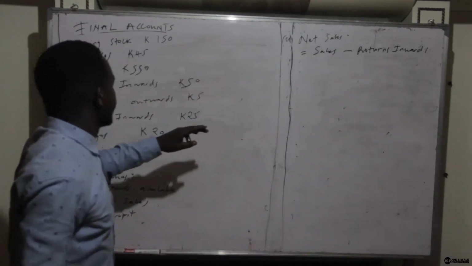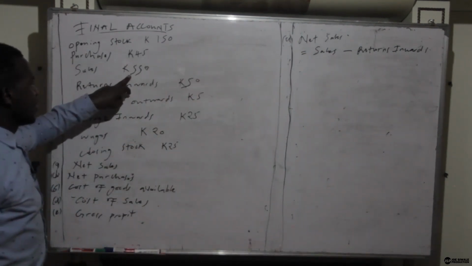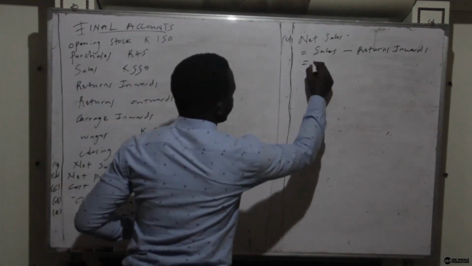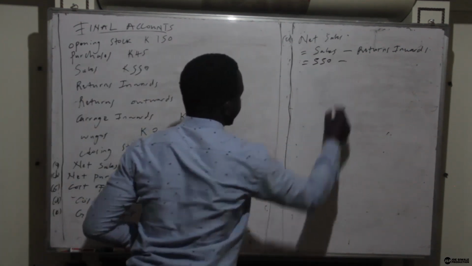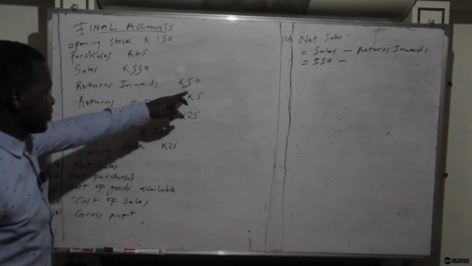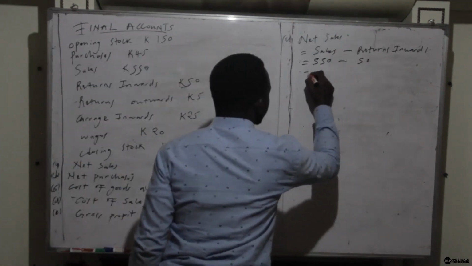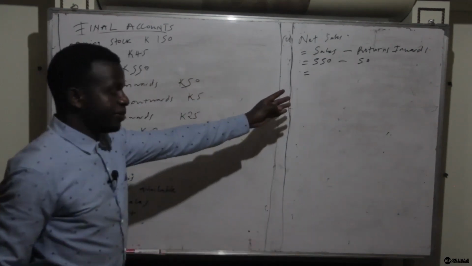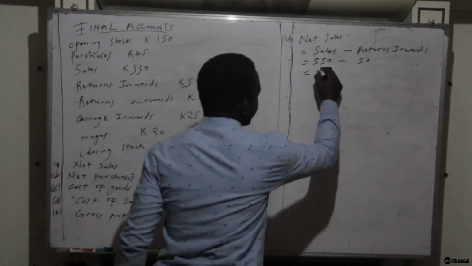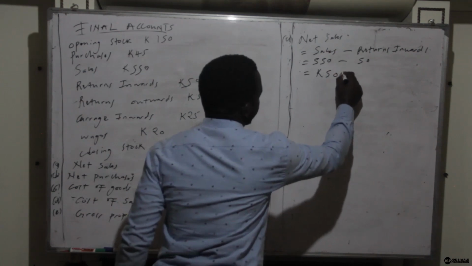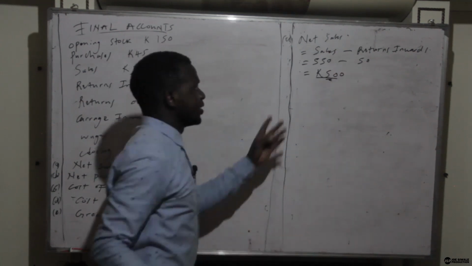So we know that sales we have 550 there. So we're going to say 550 minus returns inwards. Returns inwards we have 50. So 550 minus 50, our answer is going to be 500 kwacha. So that's going to be our net sales.